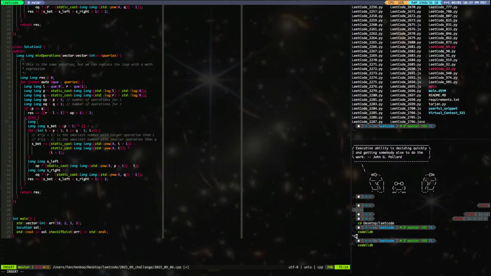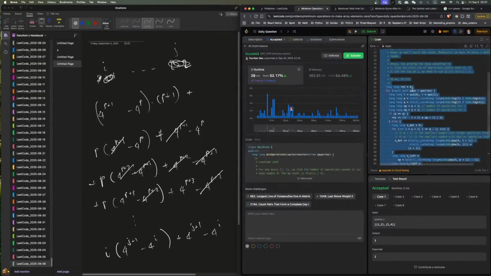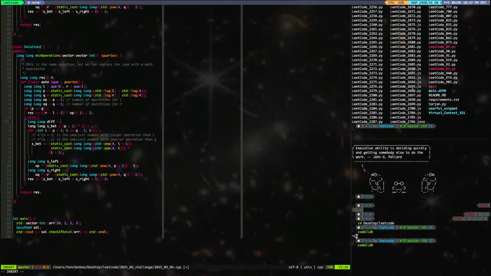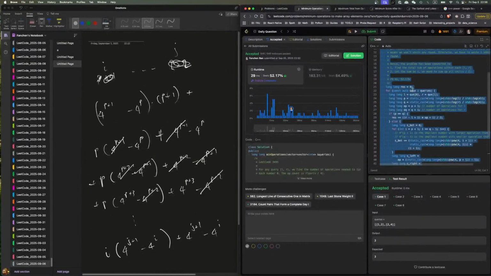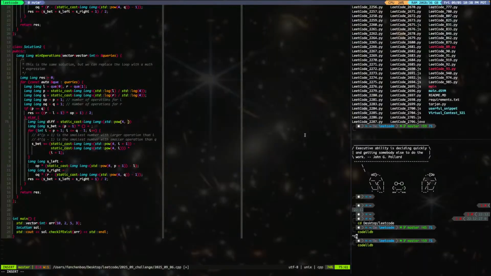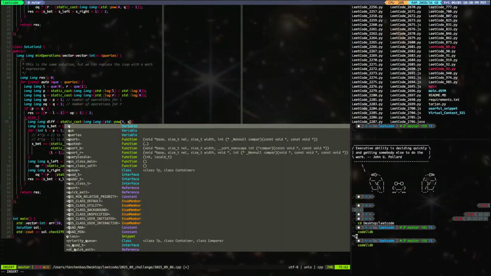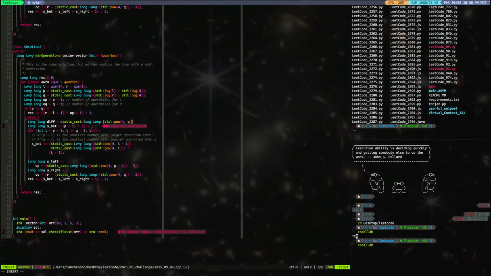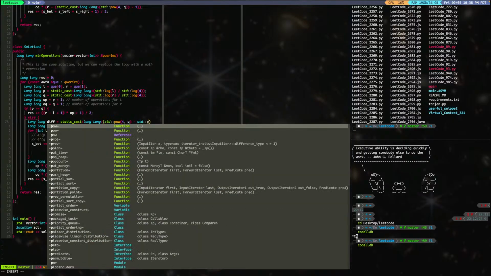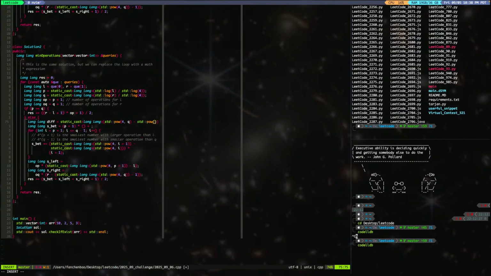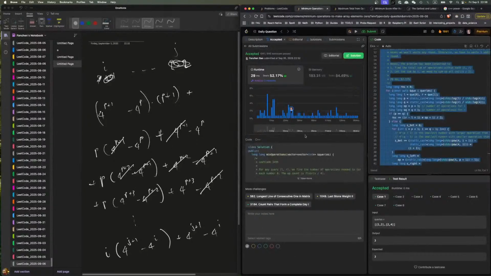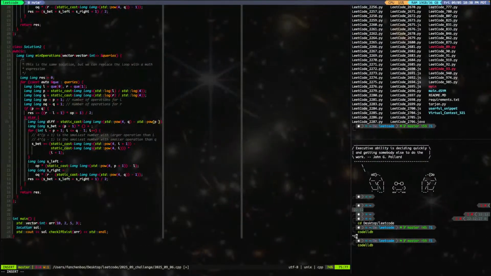Let's do long diff, right? That's essentially a diff. So we can say static_cast long std::pow 4 to the j plus 1, which is the end as a q minus 1, so it's q, minus pow I, which is the beginning, which is p plus 1.